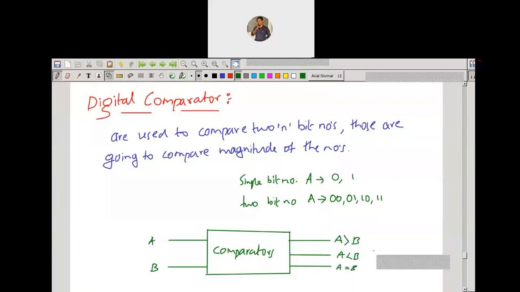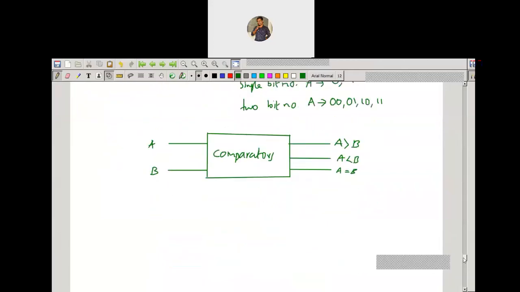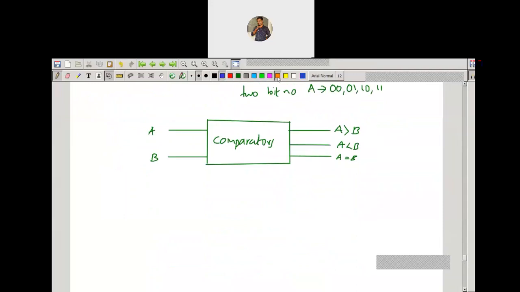Okay. Now let's go for the designing of comparators. First, let me explain the 1-bit comparator. You can have the n-bit comparator, but I'll go with the design of the 1-bit comparator first.